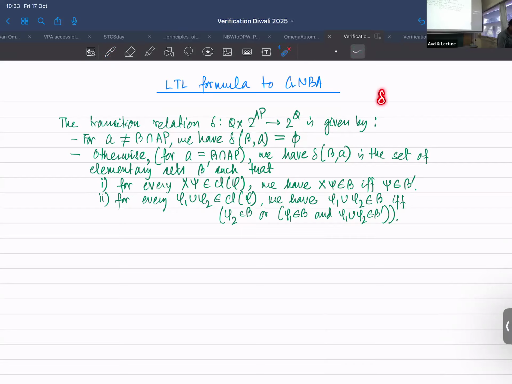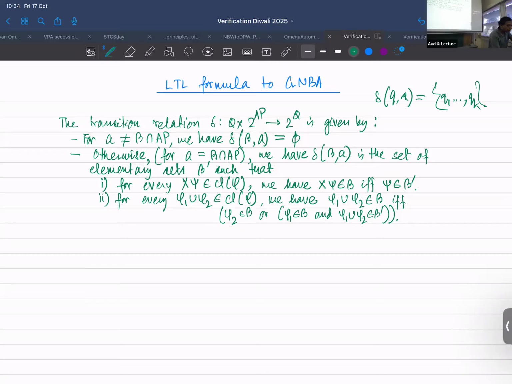Essentially delta of q comma a goes to a set of states, delta of q comma a equal to some q1 through qk.